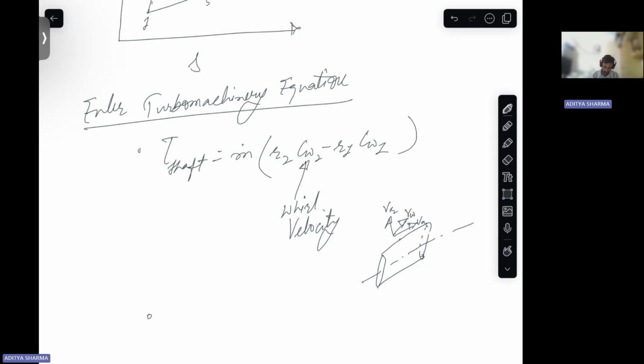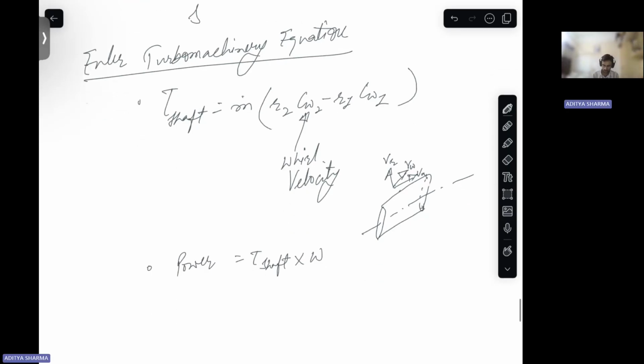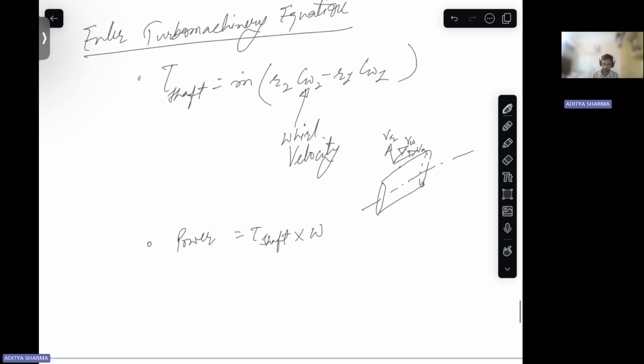Then power, if you want, power is force into velocity. In rotational mechanics, it is torque into angular velocity. So this is r2 Cw2 times omega minus r1 Cw1 times omega.